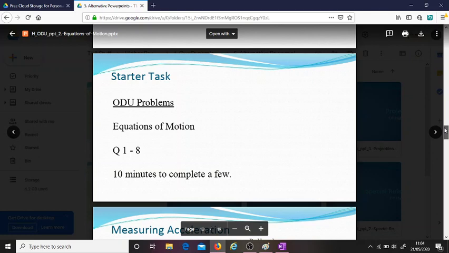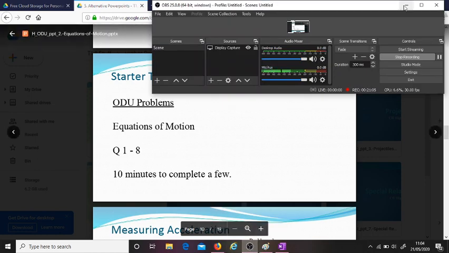So after this video, if you practice the ones in the PowerPoint, make sure you get the same answers, and then go on to the questions in the booklet on Classroom page. I'll post the page, but it's the first equations of motions question. Hope that's okay, guys, and any problems, as usual, just contact me.